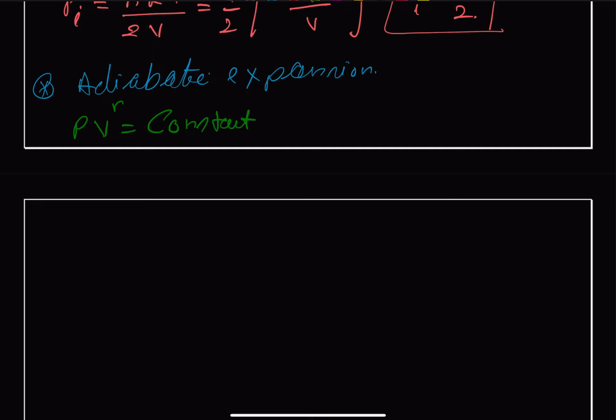Once again let us treat this as our initial state, because initially the pressure is P and volume is V, and from here we can find our final state. The final state has pressure Pa and volume 2V raised to power gamma.